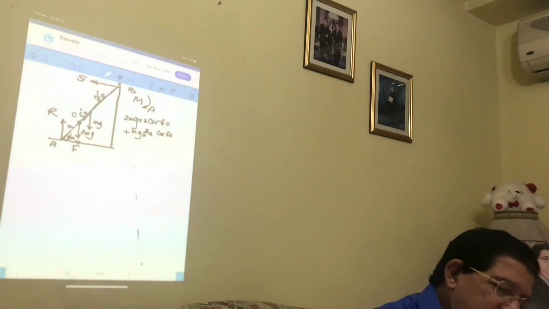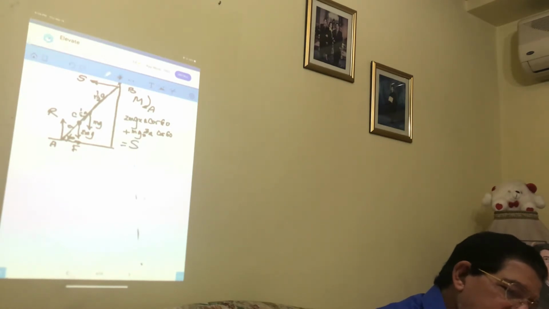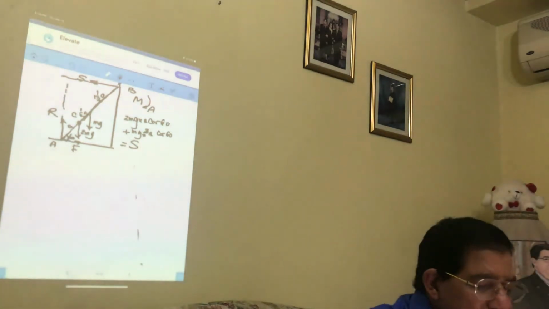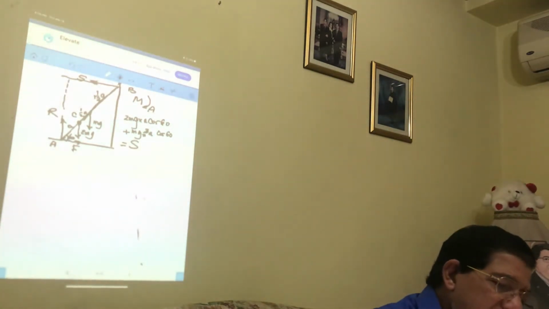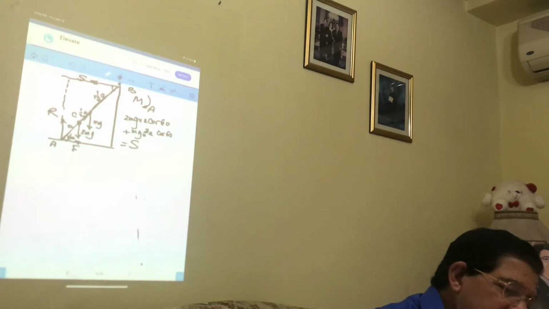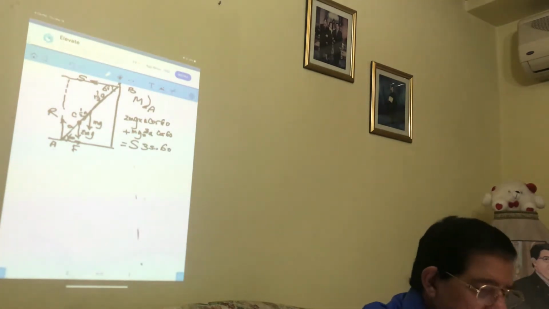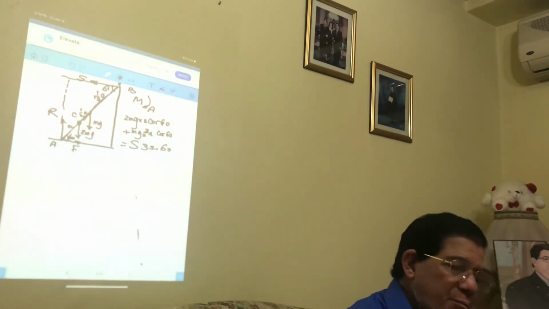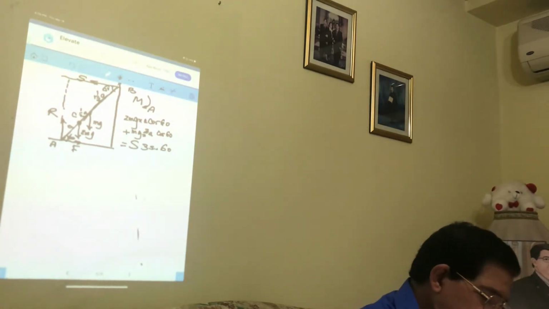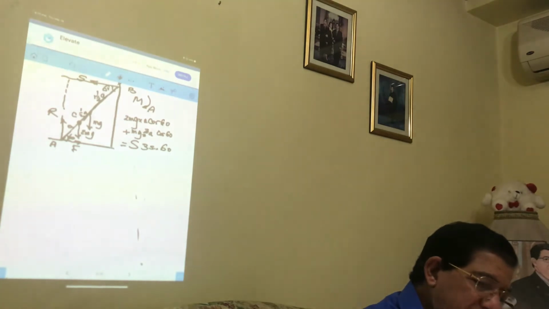This is a clockwise moment, equal to S times this perpendicular distance. This angle is 60, so the perpendicular distance equals 3A sine 60. From this equation, we will get the value of S.